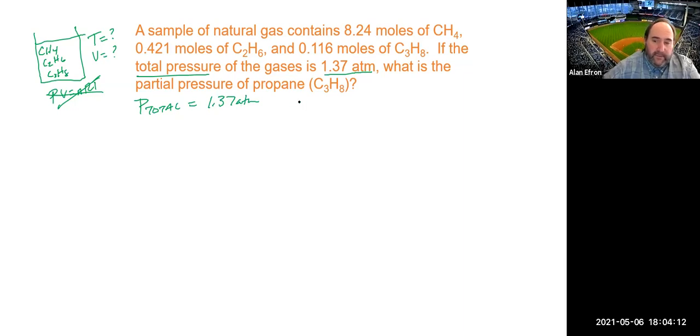So we got moles and everything. We do want to use the equation we saw that will allow us to do that, which again is the partial pressure of the gas we're interested in equals the mole fraction of that gas times the total pressure. So we need to figure out some mole fractions. We could add up our total moles.